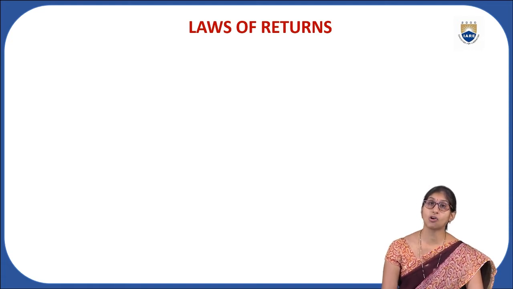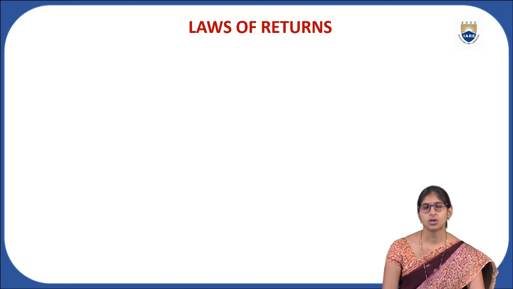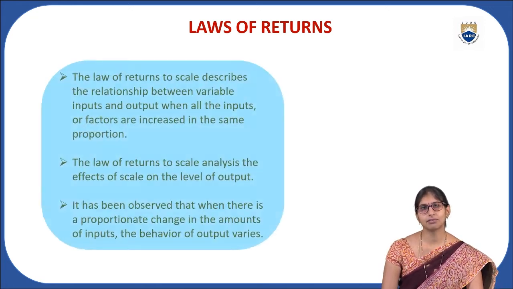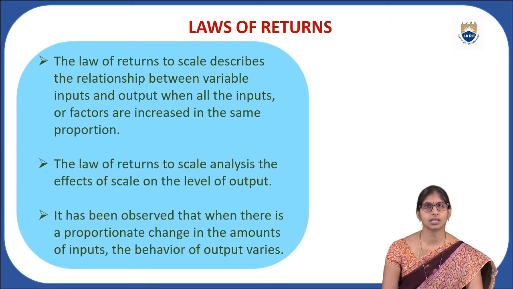When we study this law of returns, when we are going with production on a large scale, we basically have 3 types of law of returns to scale, that is increasing, decreasing, and constant returns to scale.